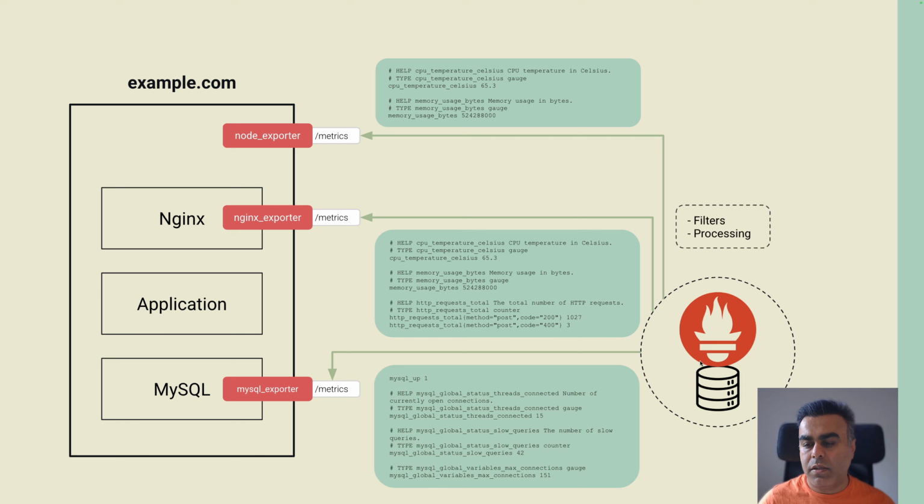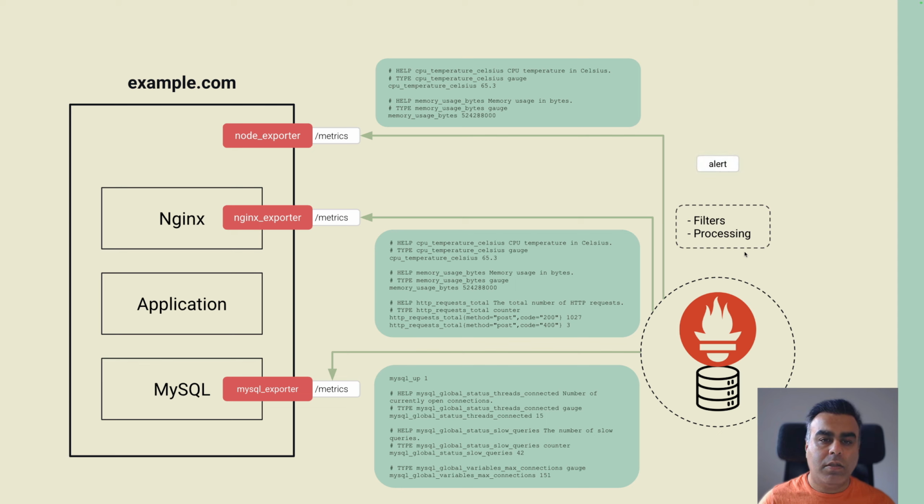And so upon saving the metrics in the database, Prometheus will check those metrics and do some processing on them. And here we can define some rules. And if the data passes the criteria of those rules, Prometheus can create an alert.